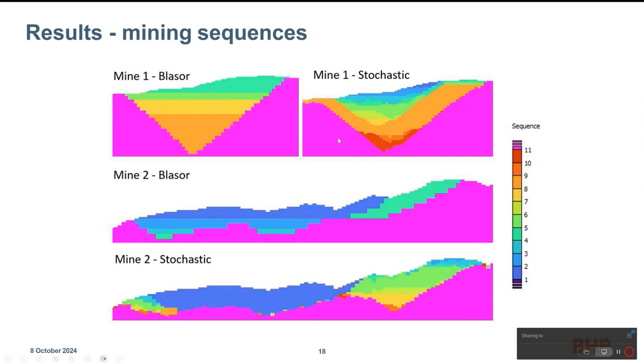You can also see that the stochastic sequence prefers mining higher risk areas in the ore deposit to later periods of the mine's life. So near the base of the ore deposit, and in this area in mine 2, there's a lot of uncertainty around the grades and the tonnages in those areas, and the stochastic optimizer has deferred them to later periods.